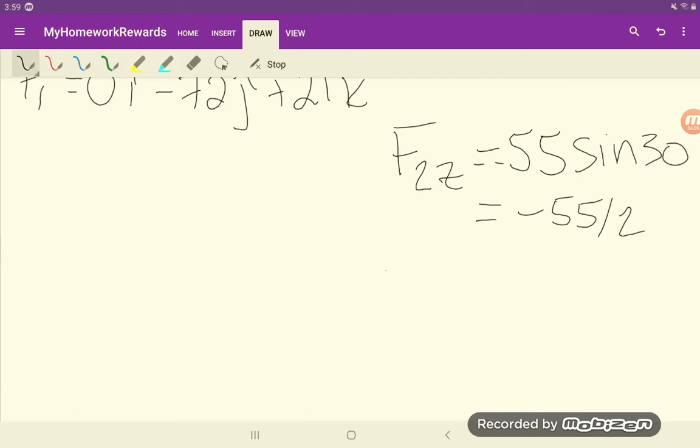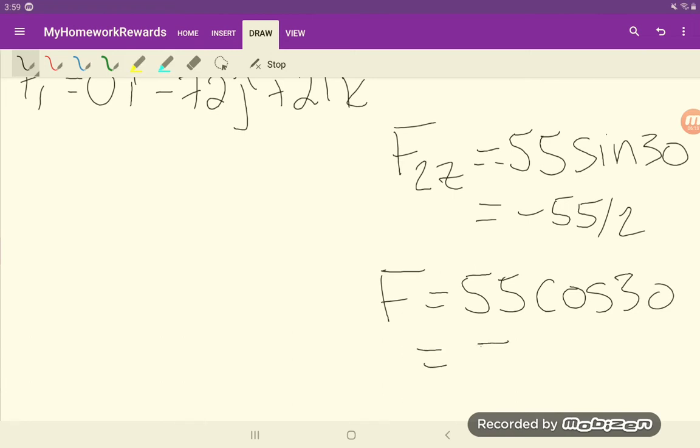So we'll just call this f, and this will be equal to 55 cos 30, which in its exact form will be 55 root 3 over 2. Our friend Wolfram Alpha helps us with that one.